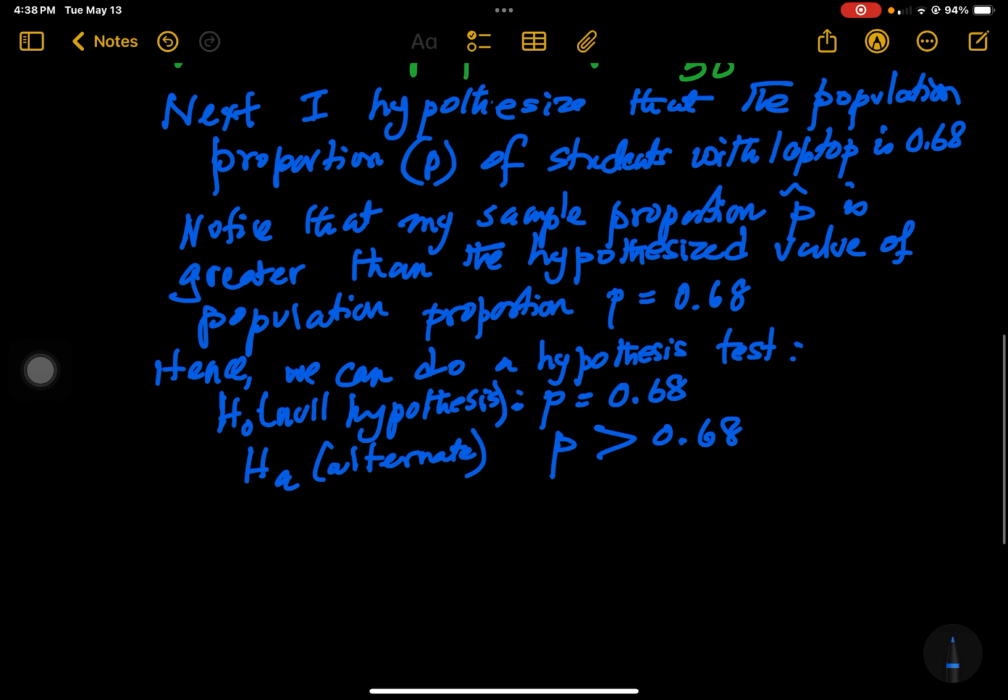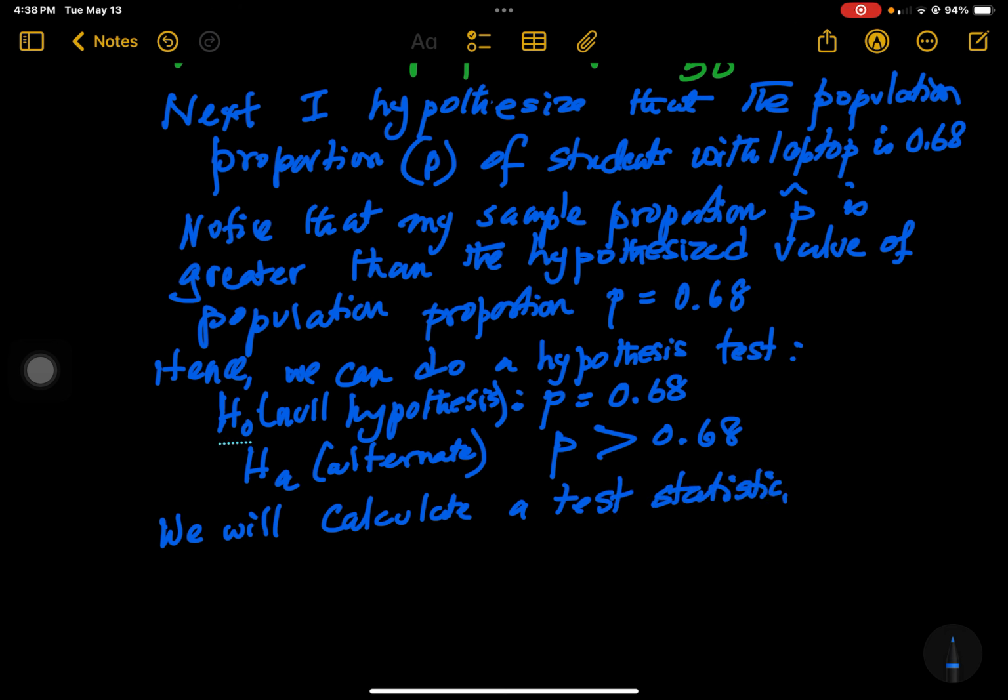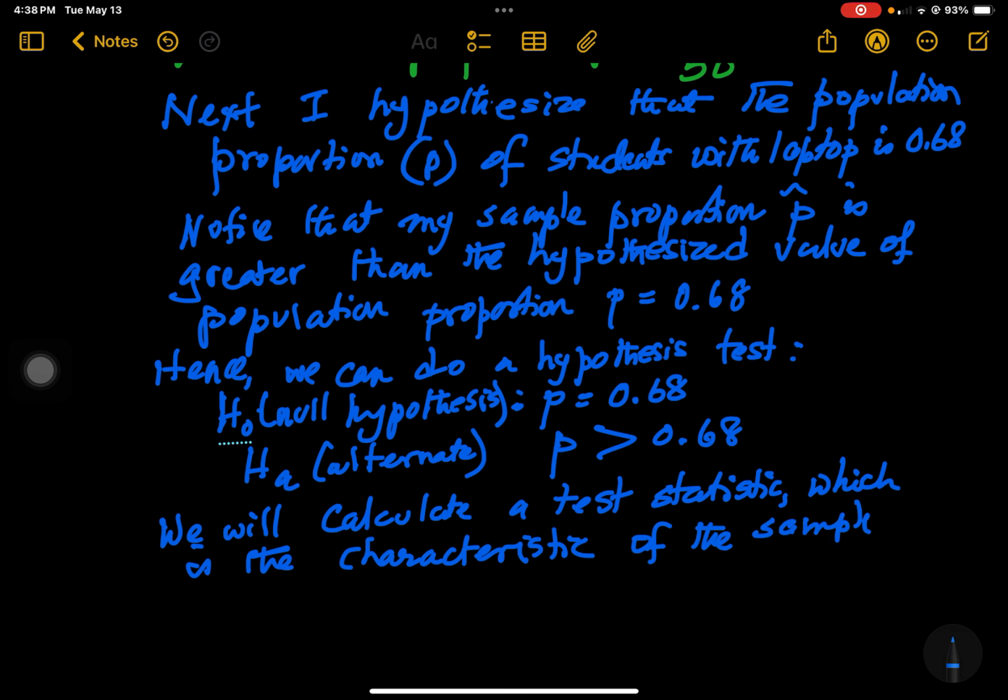So we will calculate a test statistic, which is a characteristic of the sample that we have gathered.